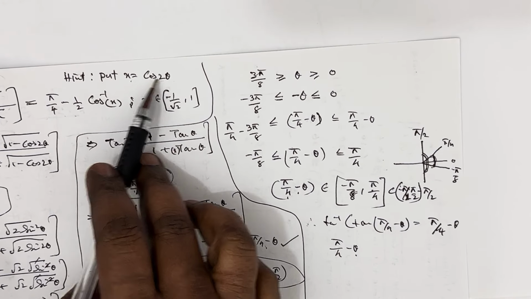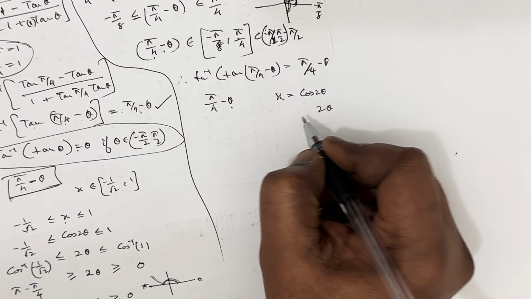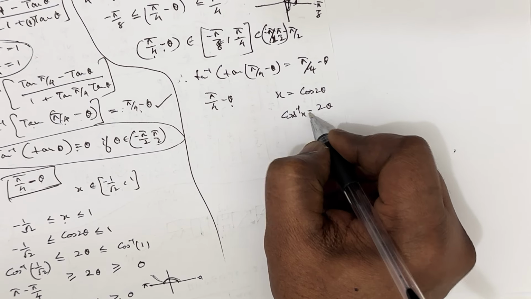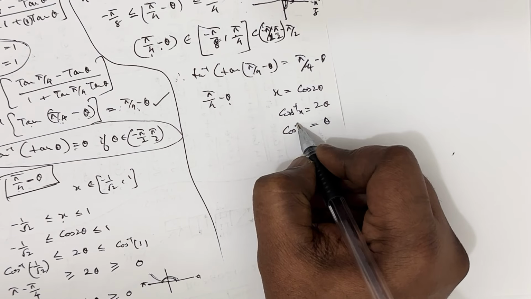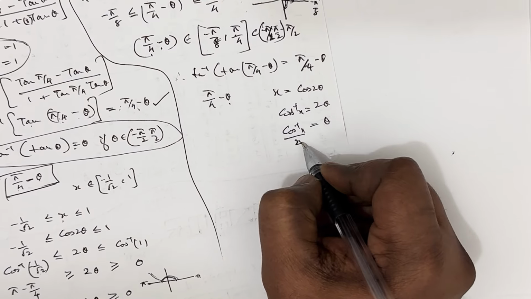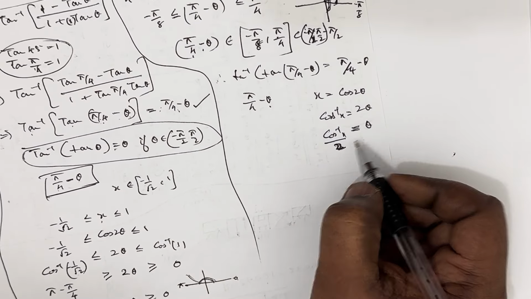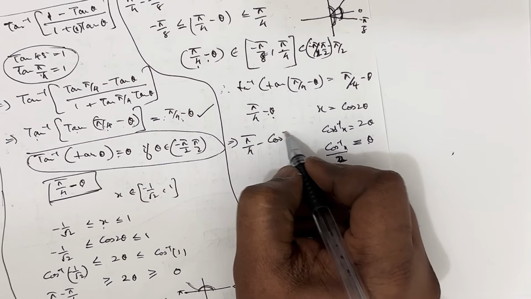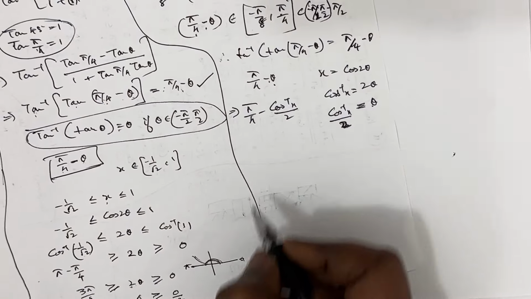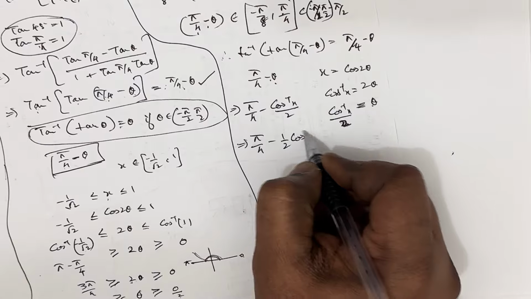We know that x is equal to cos 2 theta, so 2 theta will be cos inverse x, or theta is equal to cos inverse x by 2. So let's put the value of theta here. So we'll get pi by 4 minus cos inverse x by 2. Now this can also be written as pi by 4 minus 1 by 2 cos inverse x.